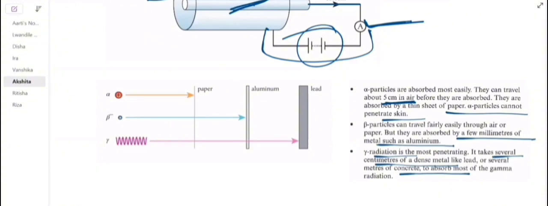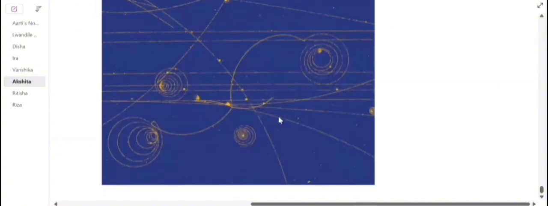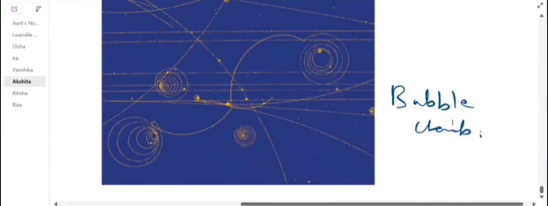Like the vapor trail behind an airplane, the bubble chamber is similar to that. Okay, let me show you that diagram. So it is just an alternative method. Check. Bubble chamber. So it contains two things. What are those?